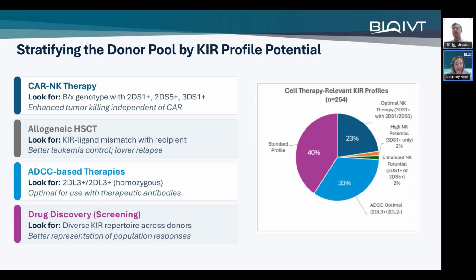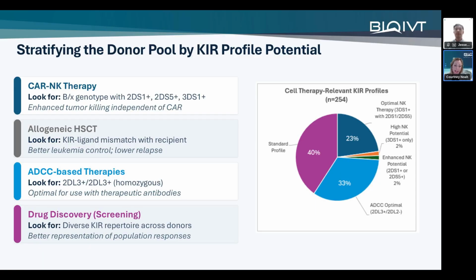To tie it specifically to those application areas, as you incorporate the KIR and HLA data, you can begin to stratify donors based on the application you're working in. Some examples are CAR-NK therapies, where you can prioritize activating KIR profiles that enhance cytotoxicity.